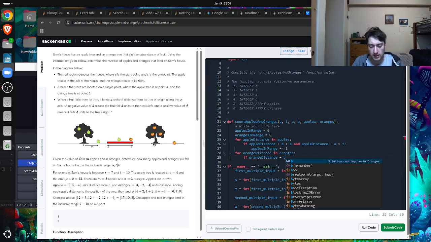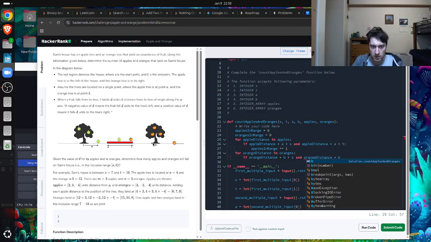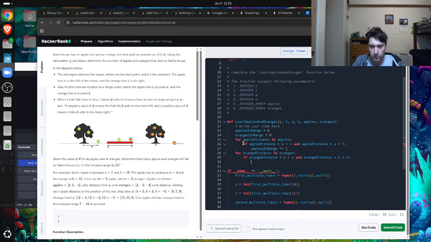So if that is greater than S and orange distance plus B is less than T, oranges in range plus equals 1.